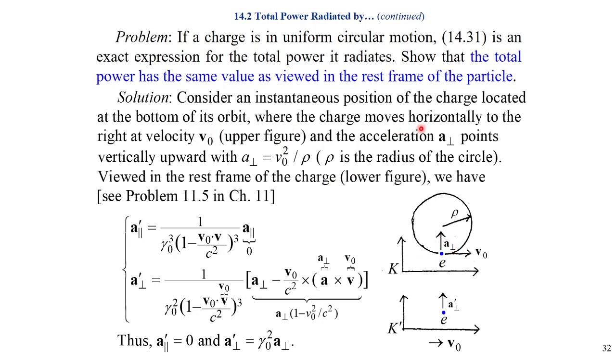When the charge moves horizontally to the right at velocity v0, the acceleration A perpendicular, meaning perpendicular to the motion, A is c times beta dot, points vertically upward with magnitude v0 squared over rho.